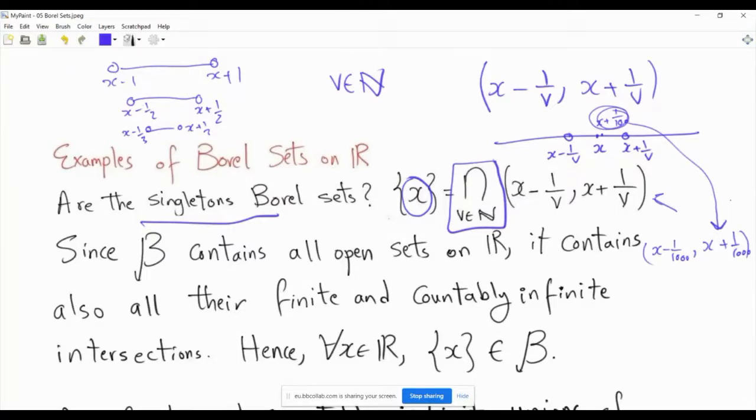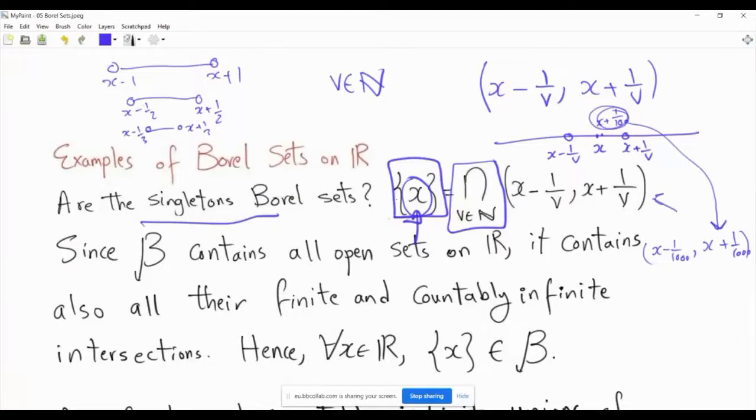If it's outside this interval, then it is outside the intersection. So if you take any point other than x, you can find an interval with a value of v high enough such that the point is excluded from the intersection. Those intervals are designed to get smaller and smaller. So the intersection is just the point x.